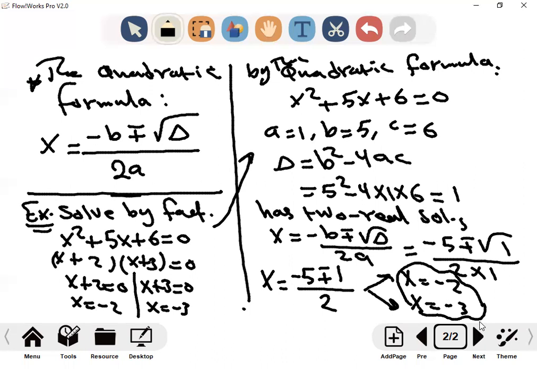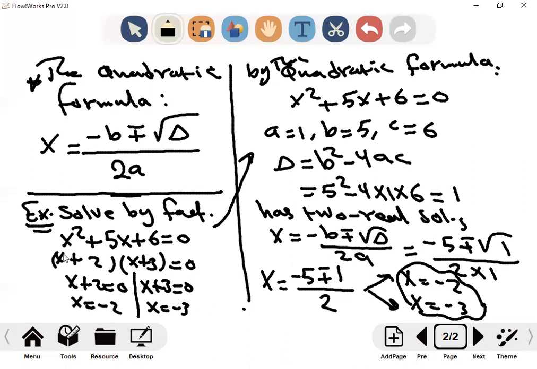Which 2 and 3, Mister? Here, the answers. Here, negative 5 plus 1, how much? I'm asking you, negative 5 plus 1, how much? Negative 4 divided by 2, negative 2. Then negative 5 minus 1, negative 6.